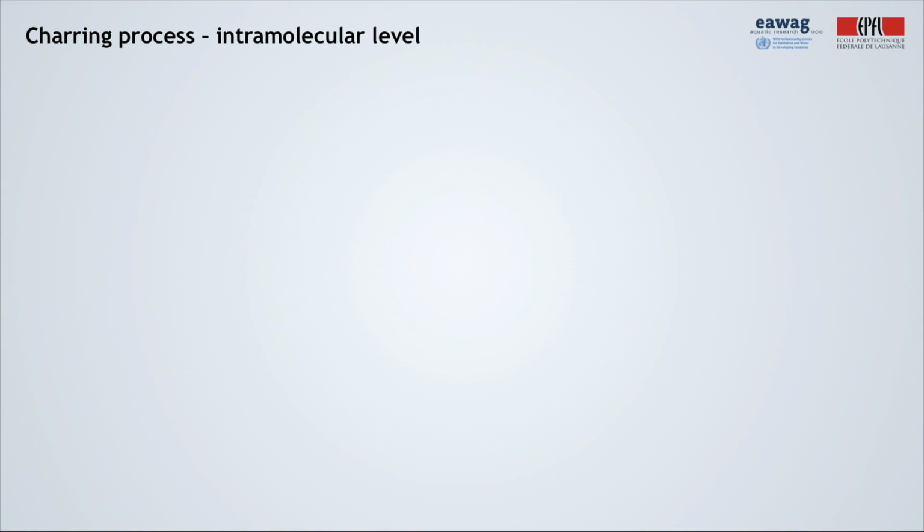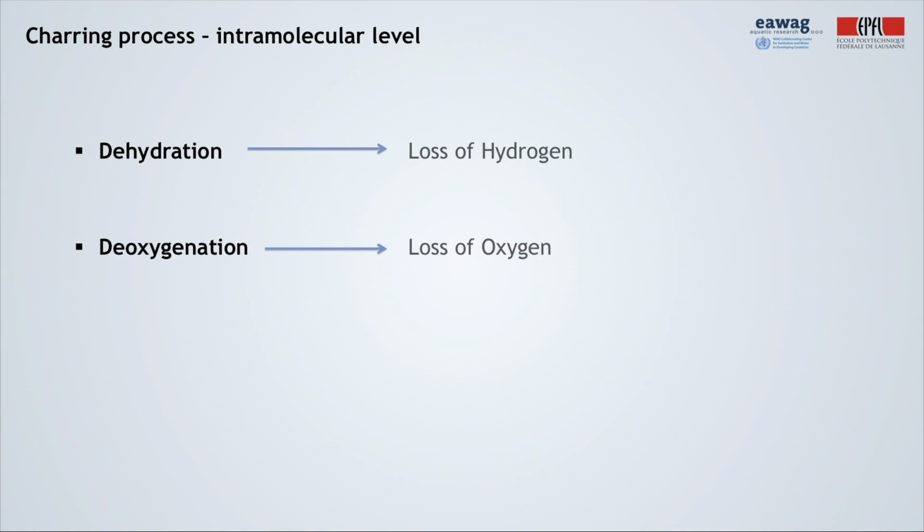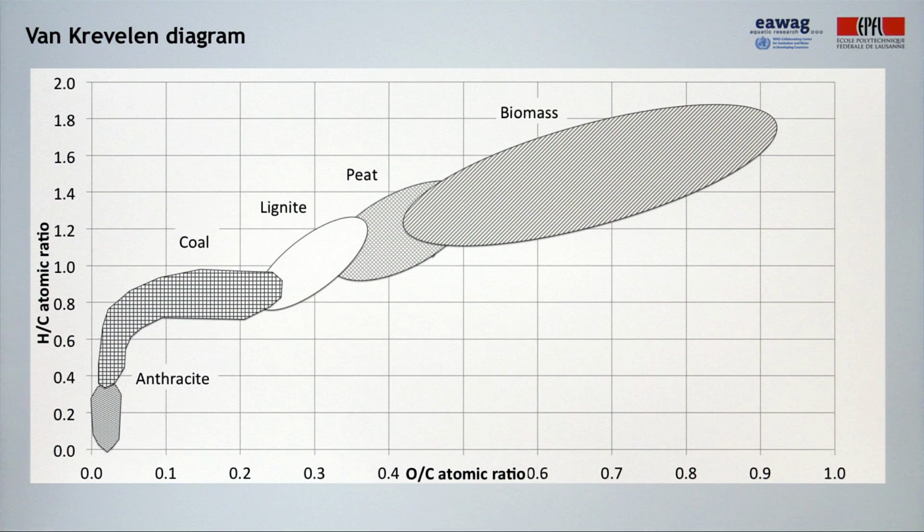During carbonization, materials are dehydrated and deoxygenated, resulting in a decrease of the hydrogen-carbon ratio and oxygen-carbon ratio. The Van Krevelen diagram is used to depict this. On the horizontal axis, we see the oxygen-to-carbon ratio, and on the vertical axis, the hydrogen-carbon ratio.